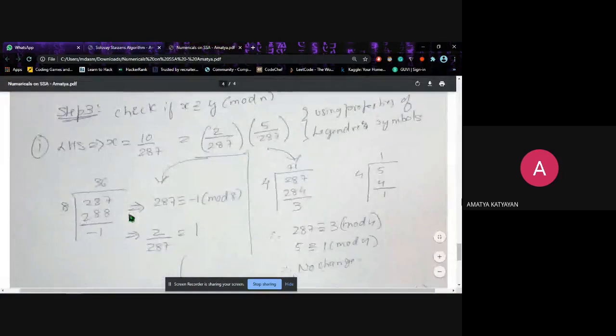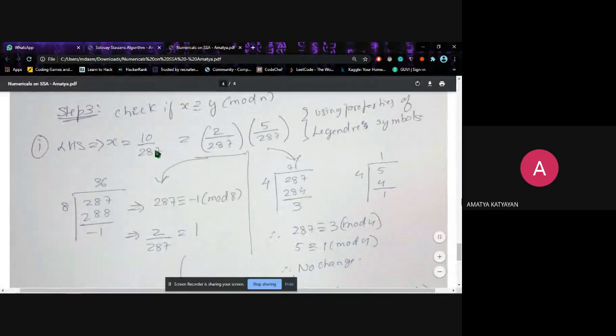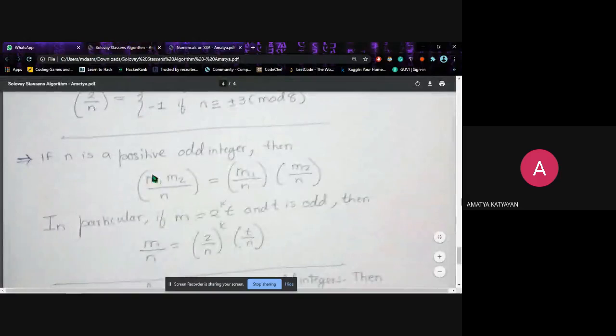now 10 basically I can write as 2 multiplied by 5. So m1 into m2, where m1 is 2, m2 is 5, n is our 287. Now, if the Legendre symbol is of the form m1 into m2 upon n, we can write it as m1 upon n into m2 upon n.